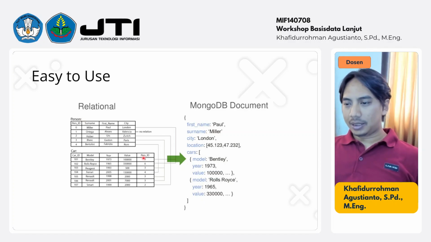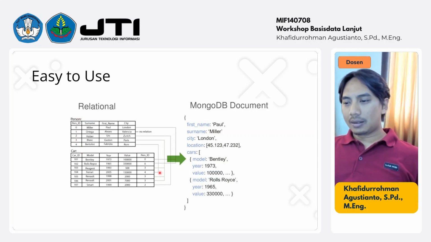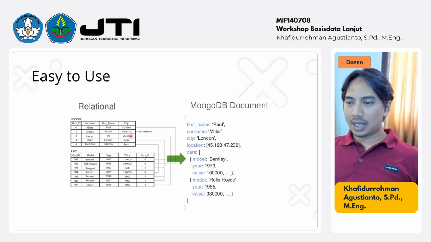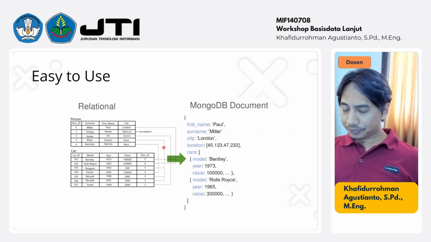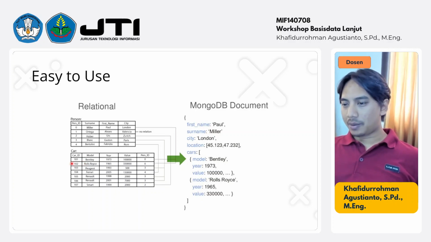If, for example, there is a person table and also a car table, and the car table has no foreign key of person, we cannot connect the person with ID number one to the car table, because there is no foreign key in the car table. The car table only has a primary key and foreign keys 0, 2, 3, and also 4.